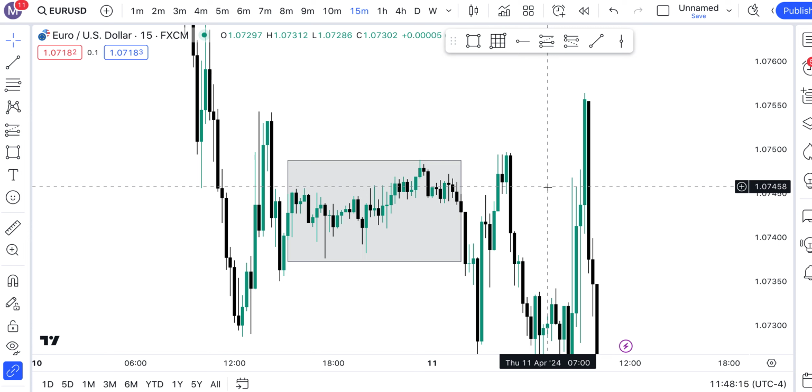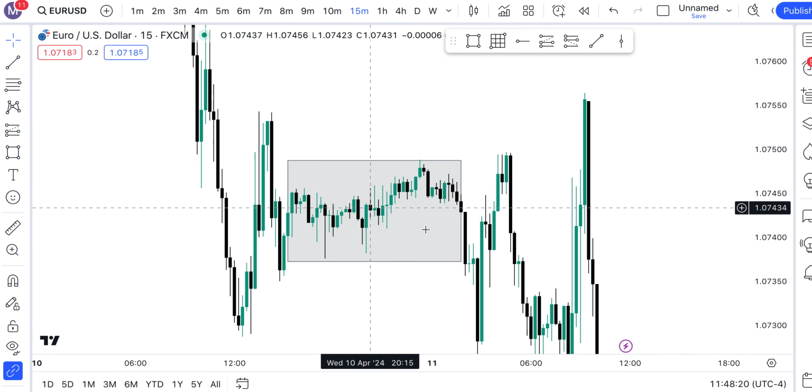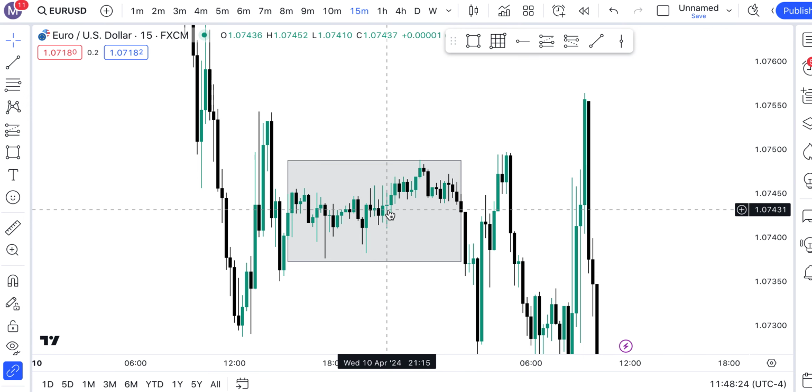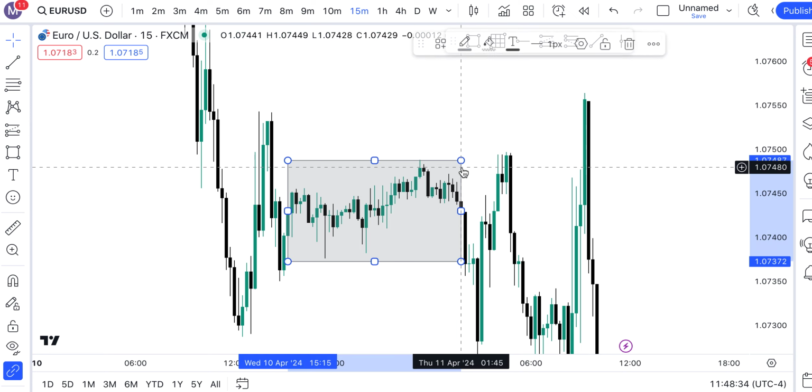There's not really a clear direction of where price is going. It's not really making higher highs and higher lows, and it's not really making lower lows and lower highs. We're just consolidating. So price does this sometimes, and these are not the best conditions to be trading in because there's no clear direction, and you always want to be trading with the current trend. And if there's no trend, then how are you meant to know where price is going to go?